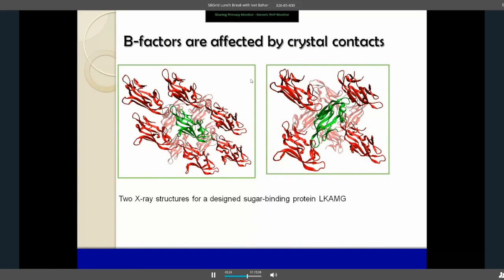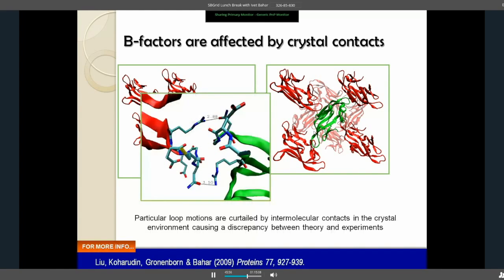One little remark before we proceed further. Although we've been using B factors in the very beginning for verifying the predictions, B factors themselves are affected by crystal contacts. So for a given protein crystal structure, there are contacts between adjacent replicas, which of course do not exist under physiological conditions in solution.